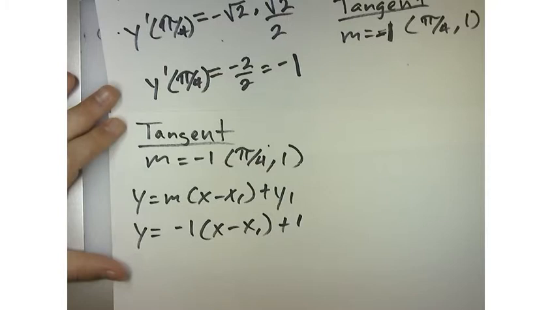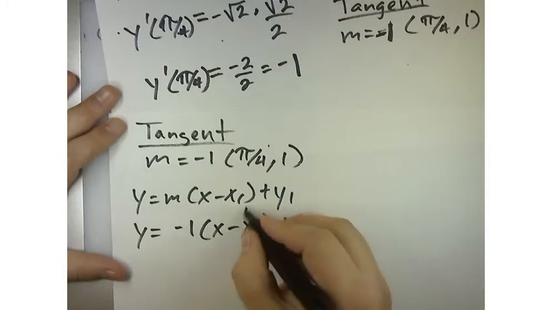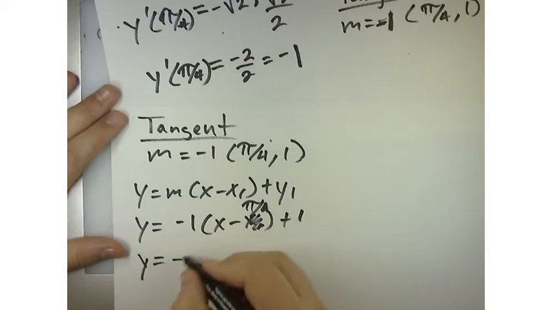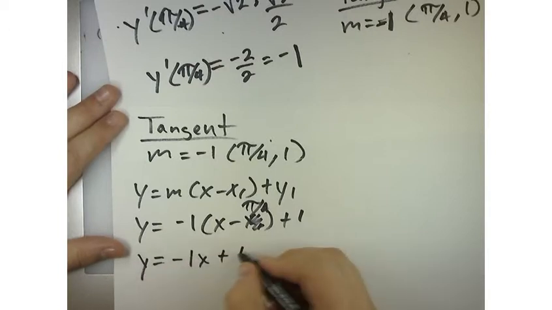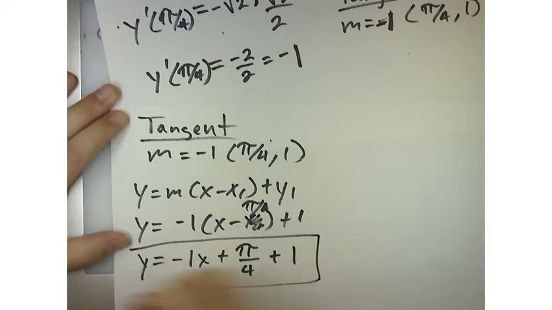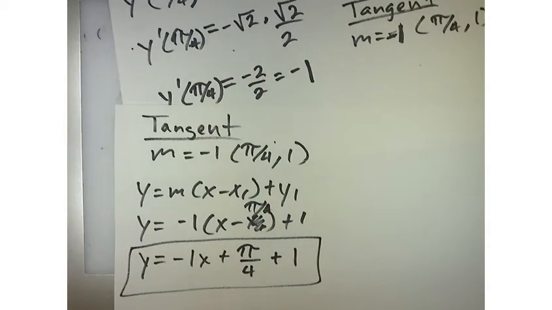Did I do that right? Oh, I forgot to plug in the x. This is pi over 4. So I get y is equal to negative 1 times the quantity x minus pi over 4, plus 1. And actually, you can leave that just like that. That's the tangent line.